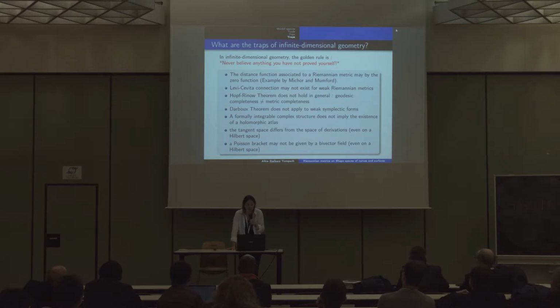Then the second point is that the Levi-Civita connection may not exist. The Hopf-Rinow theorem does not hold in general, so there is a distinction between geodesic completeness and metric completeness.